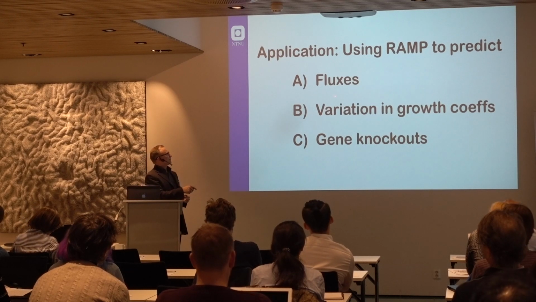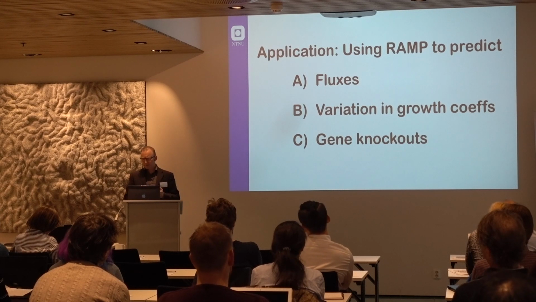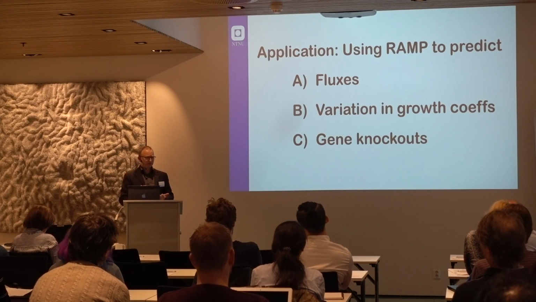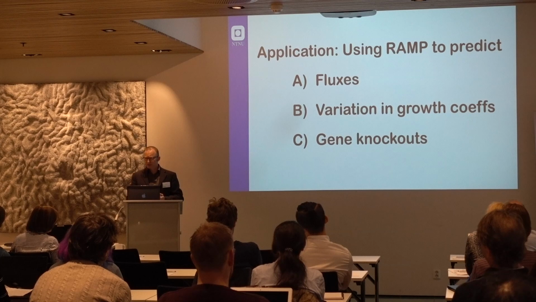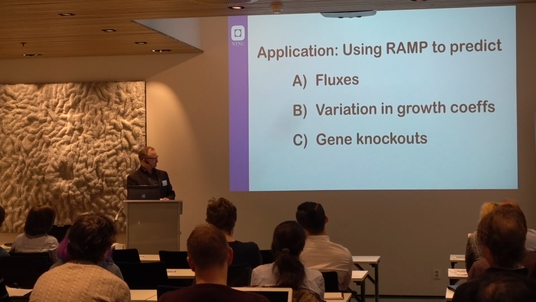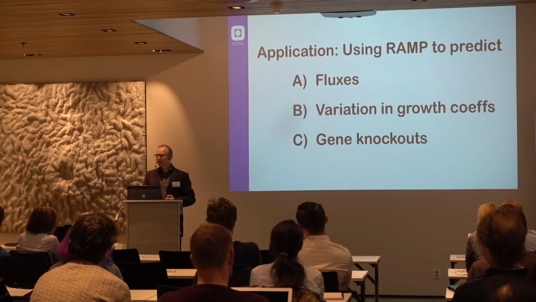I'll demonstrate RAMP by comparing with experimental fluxes. I look at tolerable variation in growth coefficients in standard E. coli models, and then looking at gene knockouts under variation in biomass coefficients.